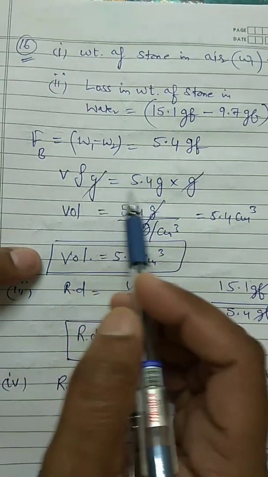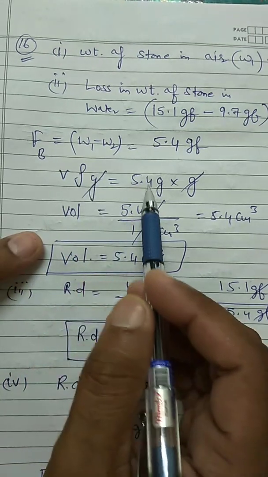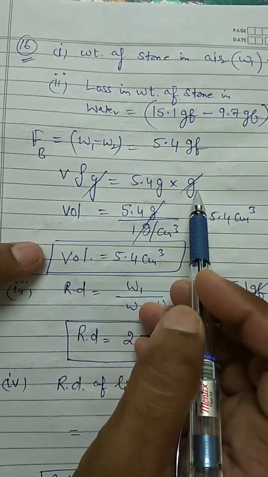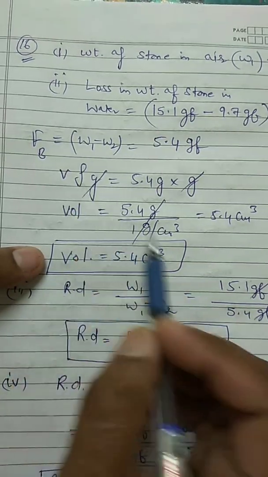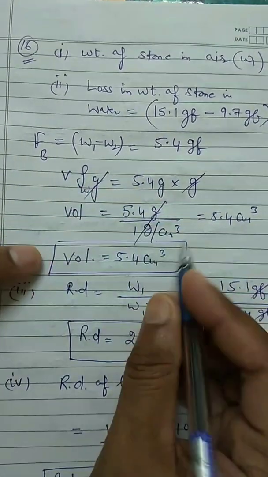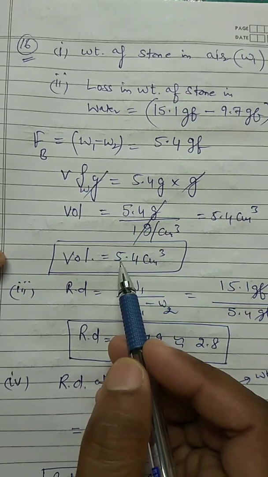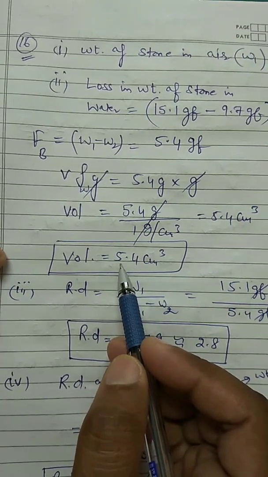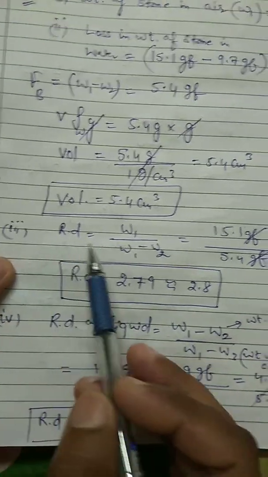Out of this we can get volume, because buoyant force formula is V rho g, that is 5.4 gram force into gravity. So volume is equal to 5.4 gram over density of water, that is 1 gram per centimeter cube. After solving, you'll get 5.4 centimeter cube, that is the volume of that body.